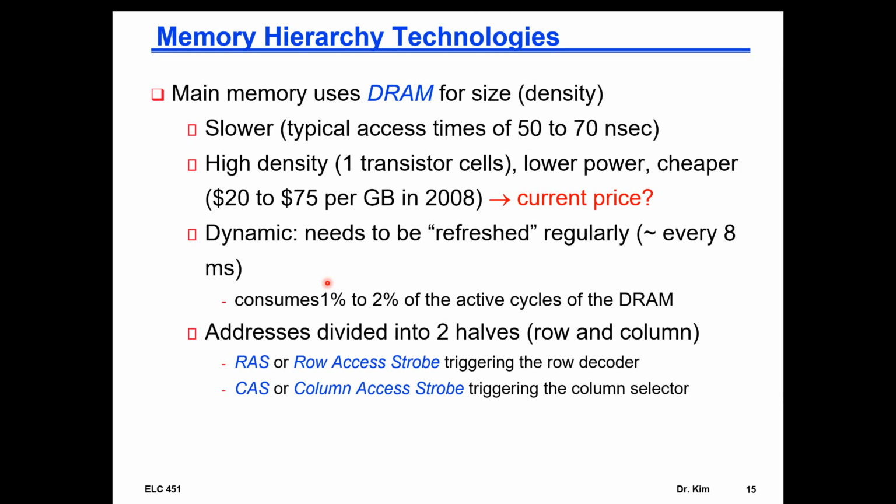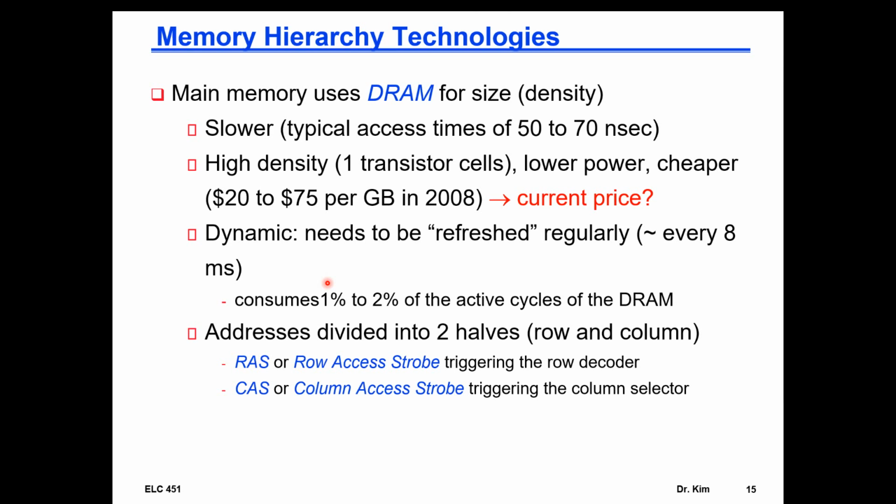Construction-wise, that's just nice to know. All memories are organized as rows and columns. Specifically, DRAM can have strobe lines instead of clocks, but this is more like the older DRAM. The RAS and CAS lines stood for row address strobe and column address strobe.